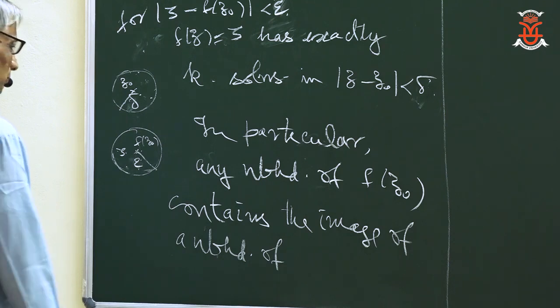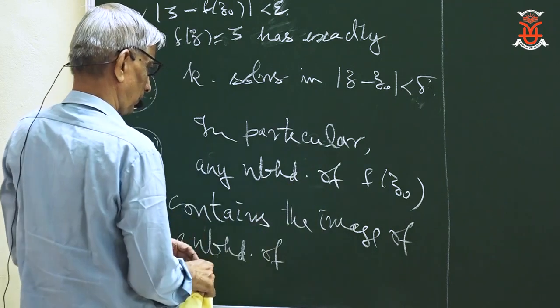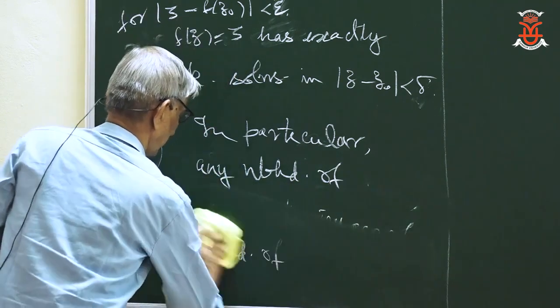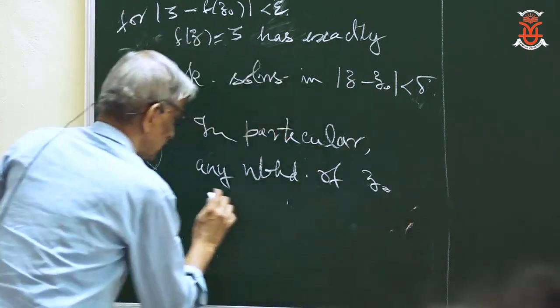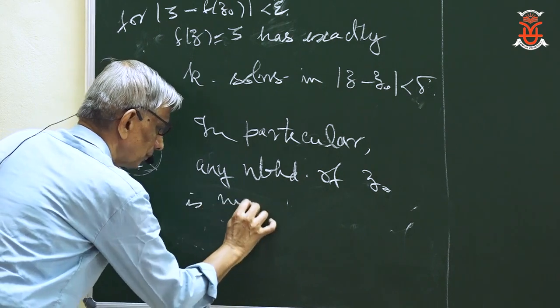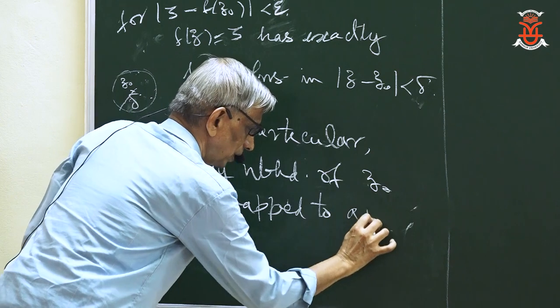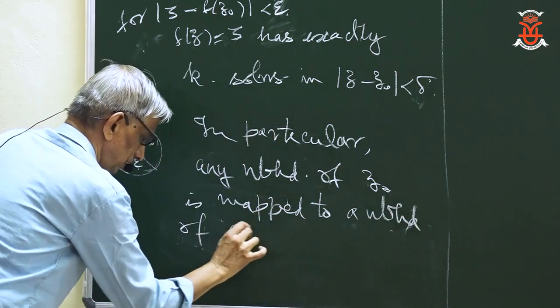What is it I'm saying? It's mapped to a neighborhood of f(z naught).